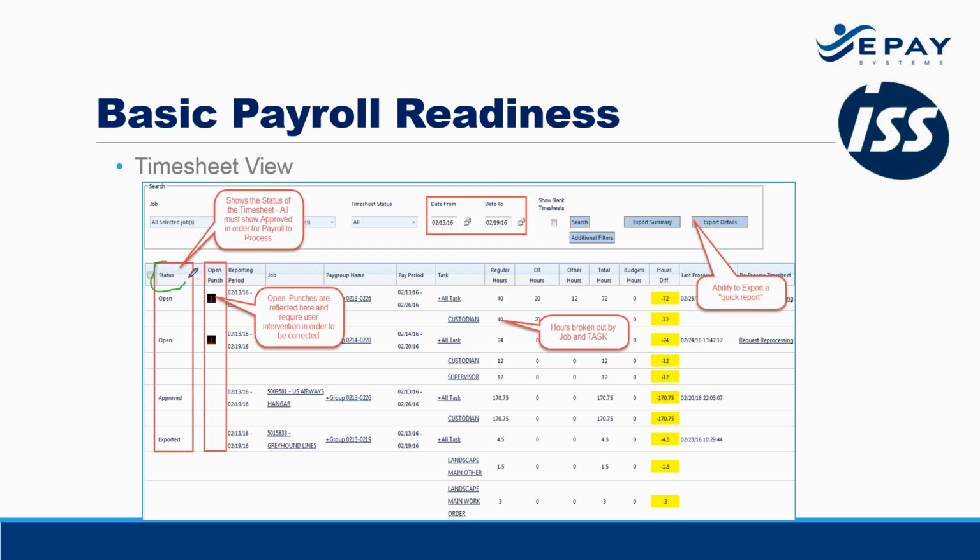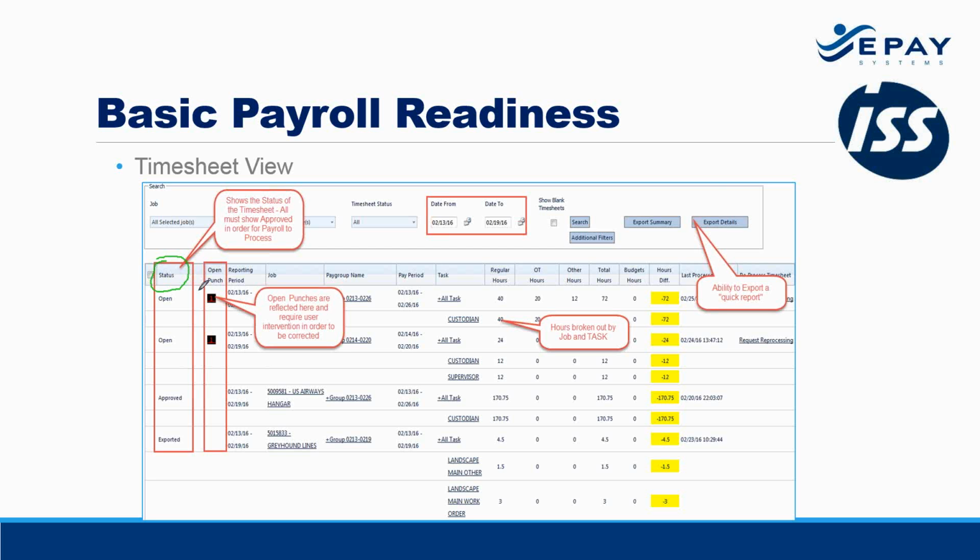So the first column is the status column. The status column is always going to let you know who's submitted, who's approved, or maybe who's in an open state. If you see any timesheet still marked as open, that is telling you that nothing's been done with that timesheet. It's open because it has not been submitted, and obviously subsequently has not been approved.